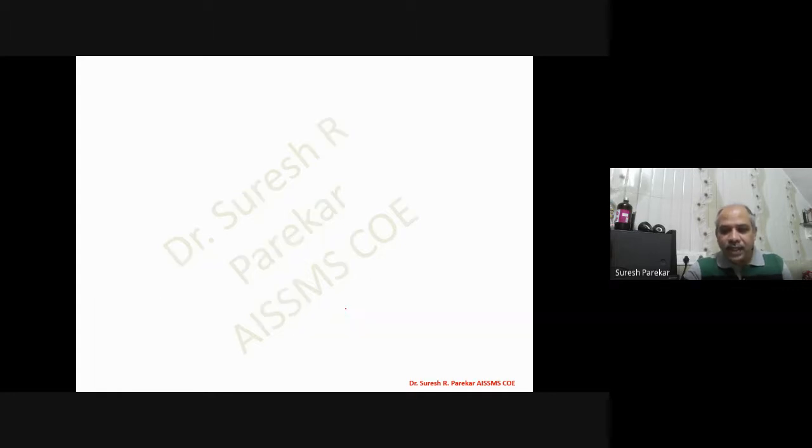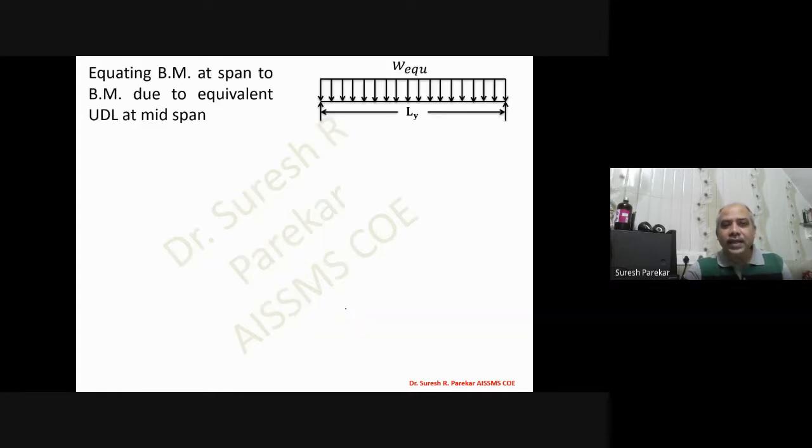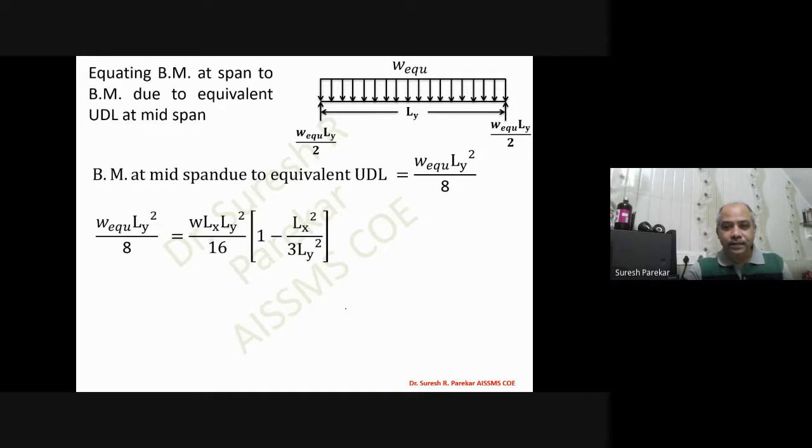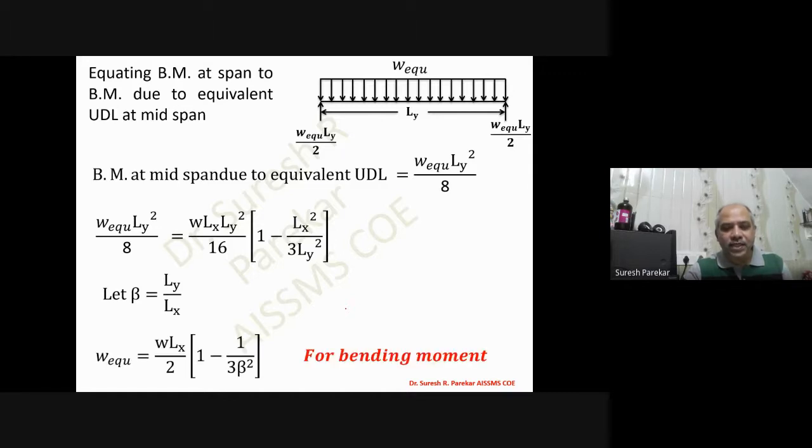Now we equate this with the equivalent bending moment, same as we did in the short span. So we have W equivalent Ly square by 8 equal to WLx Ly square by 16. From this, let us substitute beta equal to Ly by Lx, which gives 3 beta square.